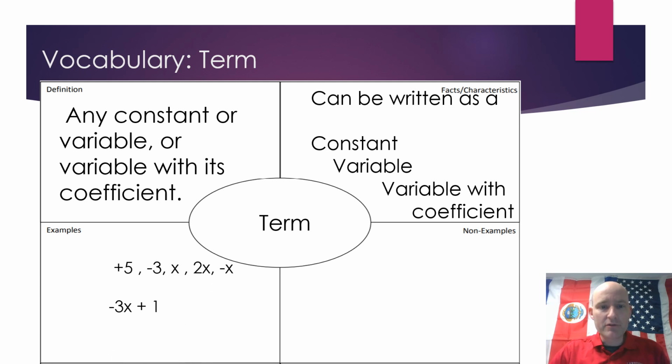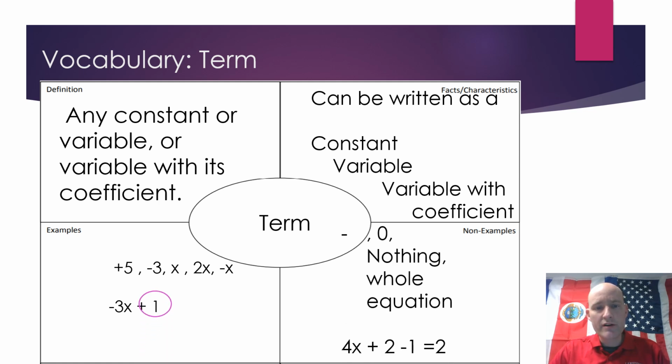So for example, 5, negative 3, x, 2x, minus x, and minus 3x, those are all terms. If you have the whole equation, then that is not expressing your terms. That's just a combination of terms. You're expressing the equation or the expression.